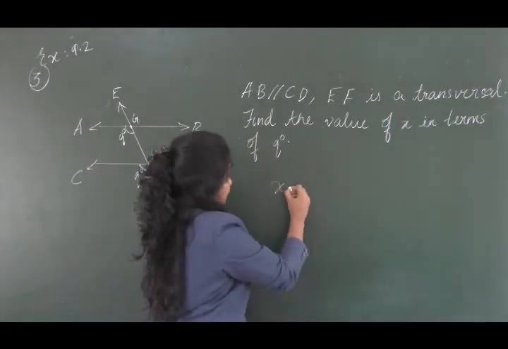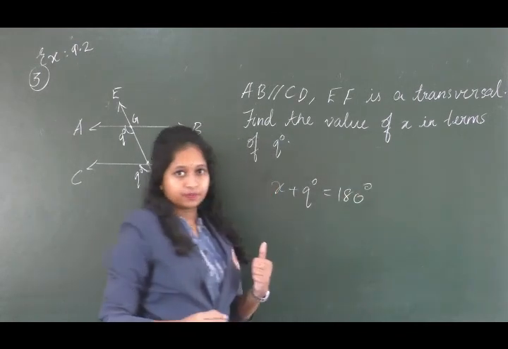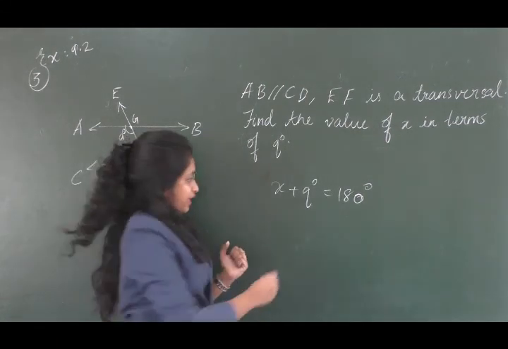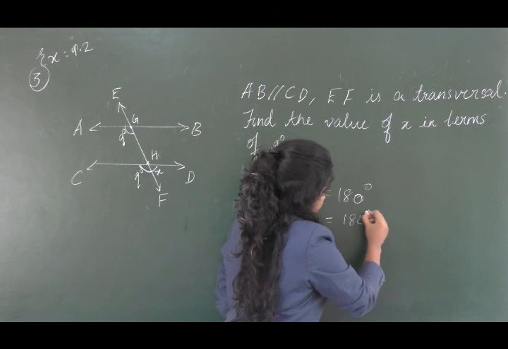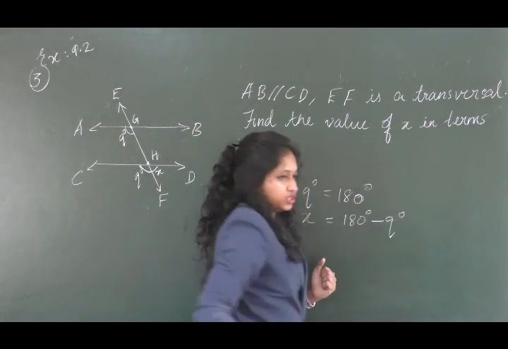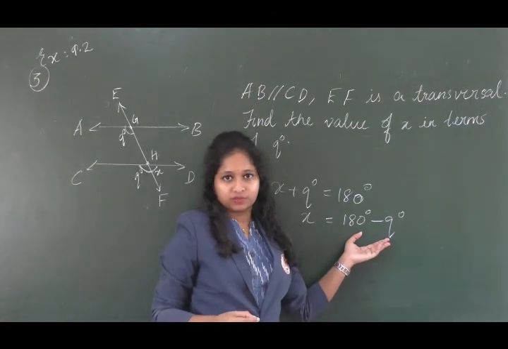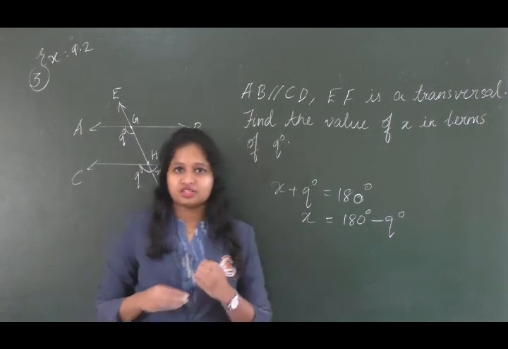So x plus q degrees is equal to 180 degrees. And we can write x as 180 degrees minus q degrees. So x in terms of q degrees. Okay, so x is equal to 180 degrees minus q degrees.